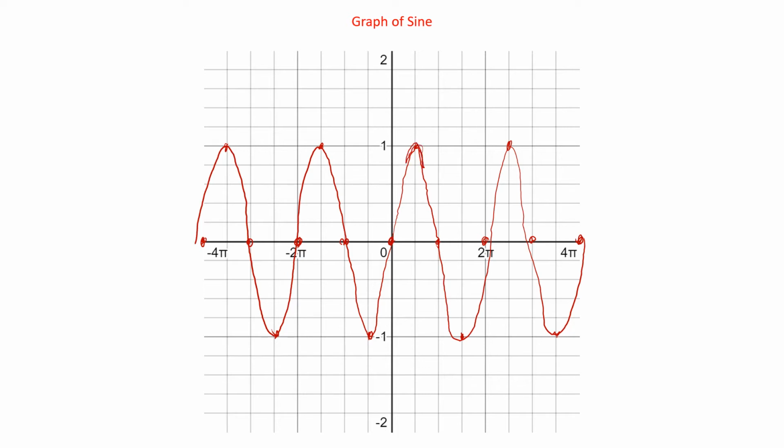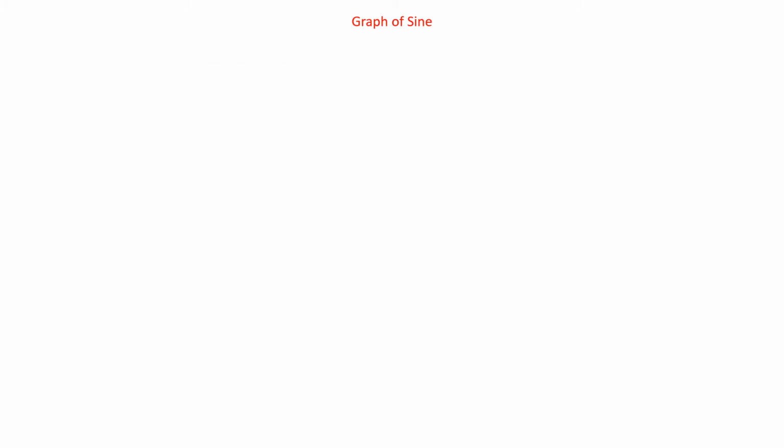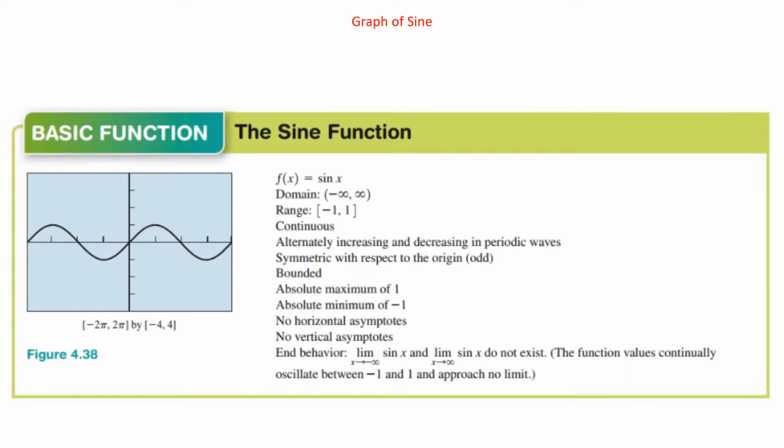This one right here looked more pointed than rounded, but it looks kind of like that. So that's the graph of the sine function. We've actually seen this before. Way back in chapter 1, we looked at a whole bunch of basic functions, and we just briefly touched on the sine function. And so this is more what it usually looks like, as the axes are closer to even.